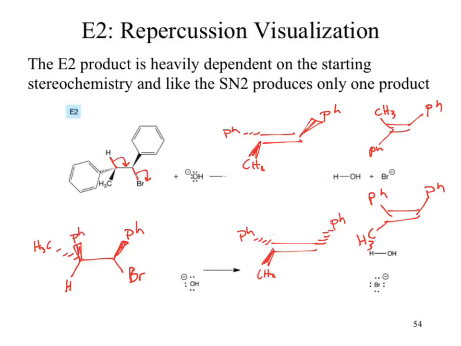Everybody okay with that? If I did the elimination now, what product would I expect to see? I would expect the cis. But if I start with this starting material, I never get the cis under E2 conditions. Never happens. With this substrate, I only get the trans.